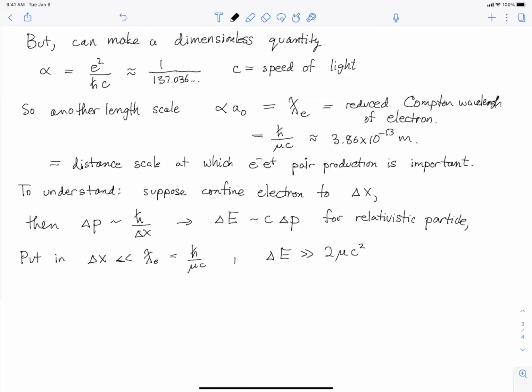Now the mass of the electron times the speed of light squared is the energy needed to make an electron. So this is the energy needed to make an electron-positron pair, just from taking into account their rest energies.